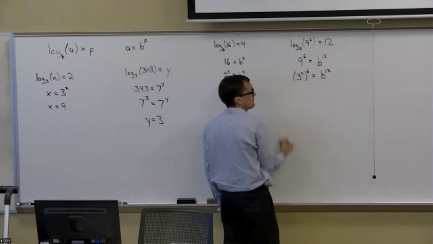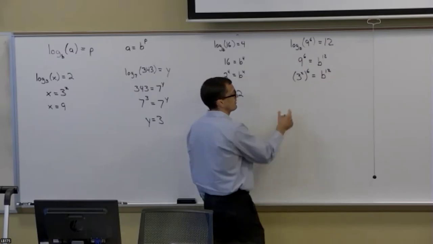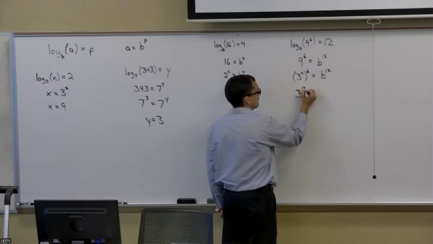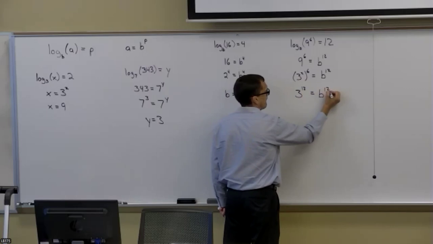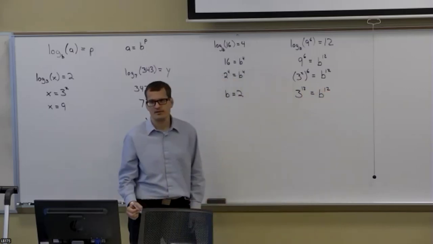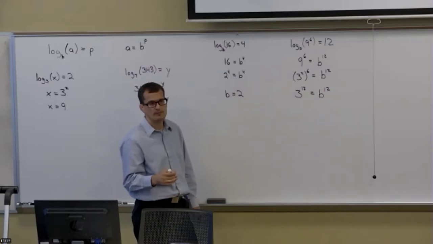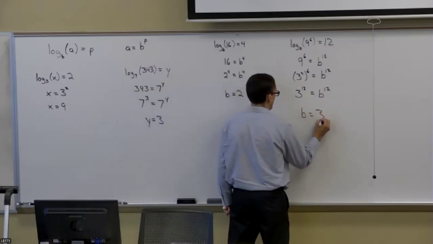But if you know the rules of exponents, there's a power rule of exponents that says if I take 3 squared and raise that to the 6th power, that's actually 3 to the 2 times 6, which is 3 to the 12th power. Right, know that rule of exponents? It's called the power rule of exponents. You raise something to a power, you can multiply the exponents. So in this case, b is 3.